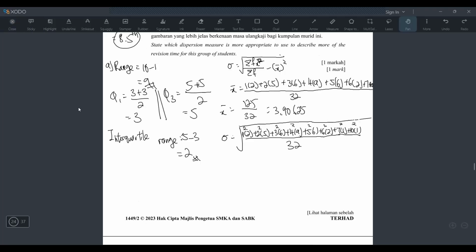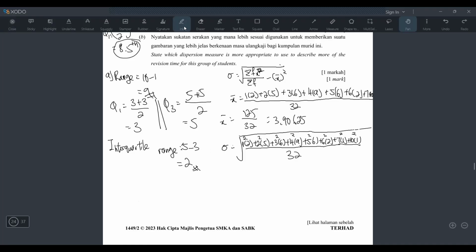But sir, the formula says the square is at the back. Yes, I know, but because the formula says frequency times x squared, but I write x times frequency, that's why I have to add it at the front. So it's the same thing actually. It's the same. And don't forget, you have to minus with what? You have to minus with the mean.